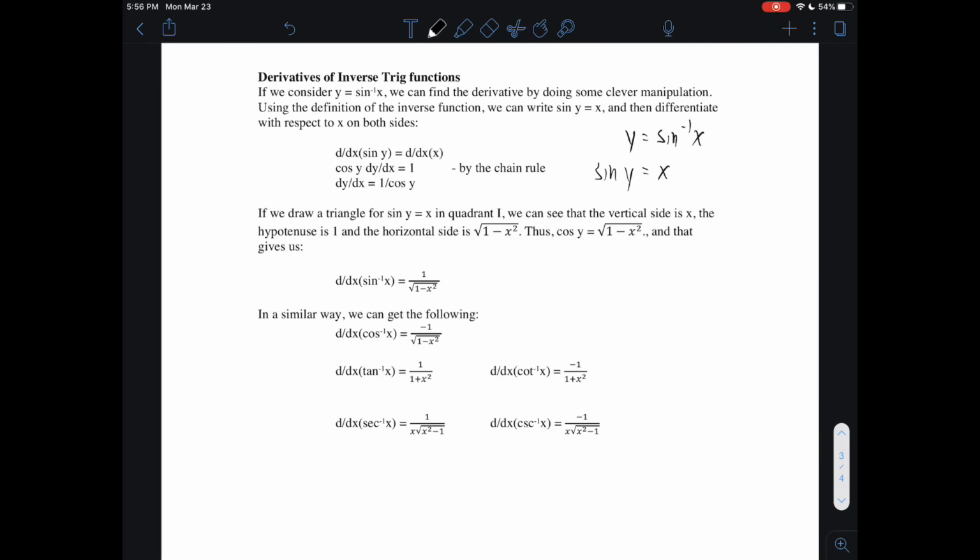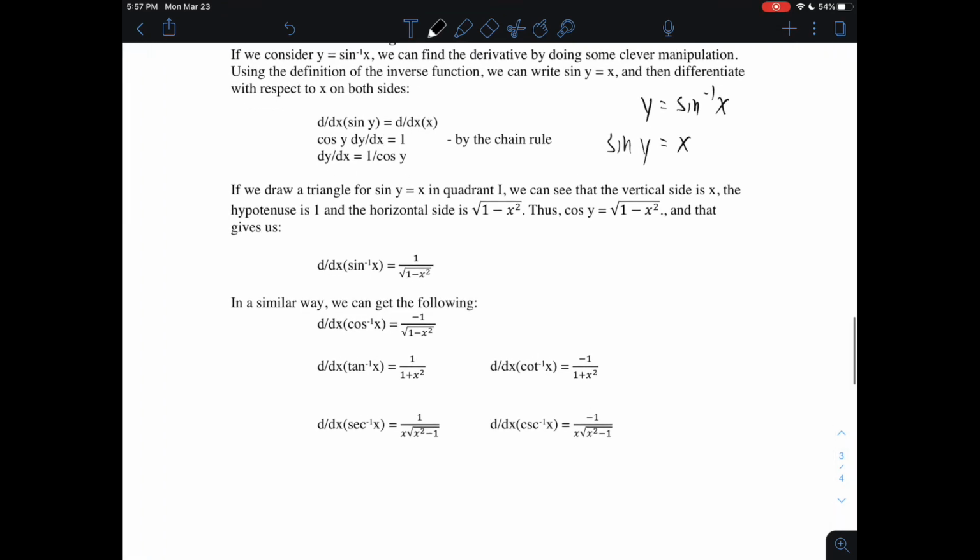So what we're going to do is draw a triangle in quadrant 1 that relates to sine y equal to x. This means that the sine of the angle y, which would be here, is equal to x. The sine function relates to opposite over hypotenuse. So that means that the vertical side, which is opposite the angle y, is x.